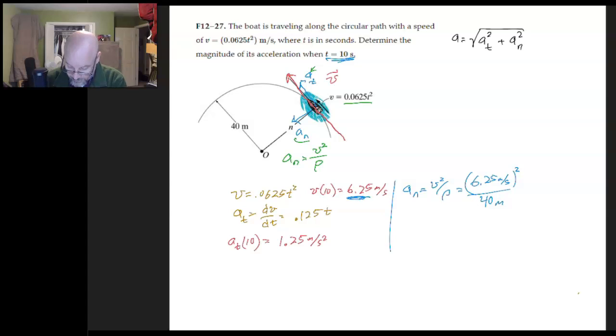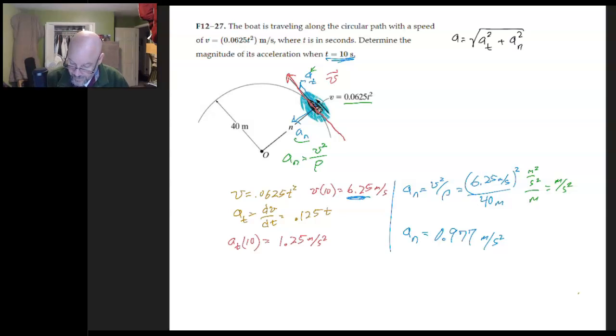Let's watch what happens with our units. I'm going to have meters squared over seconds squared dividing out a meter, so I'm left with meters per second squared. Everything checks out there. Once you do the math, your normal acceleration is pretty small, 0.977 meters per second squared.